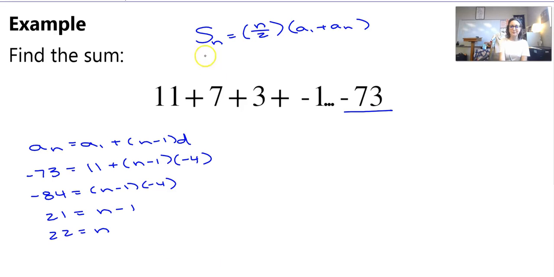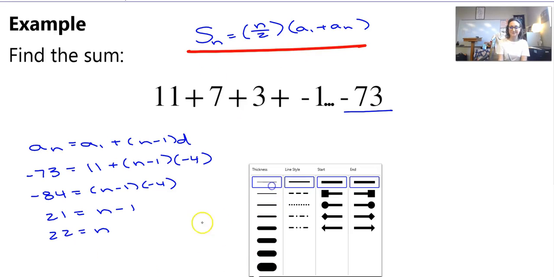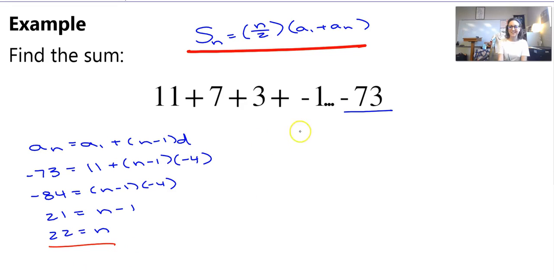Okay, so now we can come back to this formula, and we are now replacing, now we know what n is. What is n? n is 22. So the sum of my first 22 terms, I need to first take 22 divided by 2, which is 11. That's how many pairs. And then each pair is going to be the same as the first term plus the last term, or the 22nd term in this case, okay?